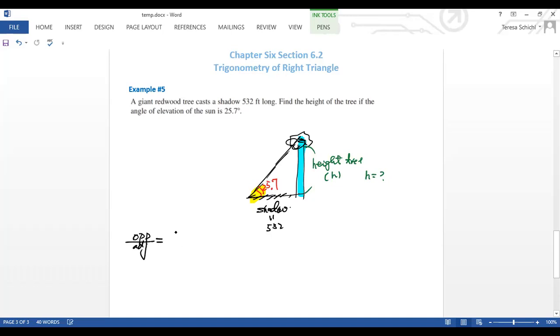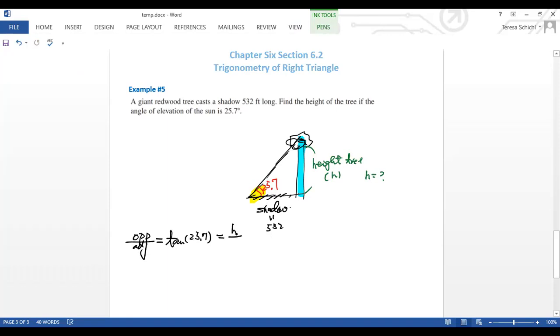That is the tangent of theta, so tangent of 25.7 degrees equals h over 532.